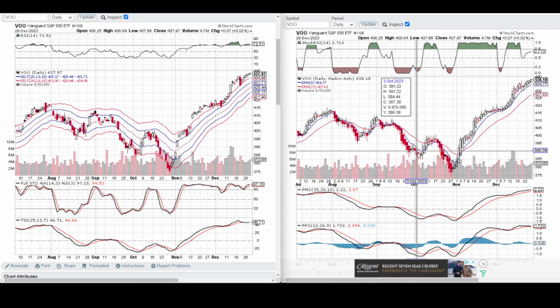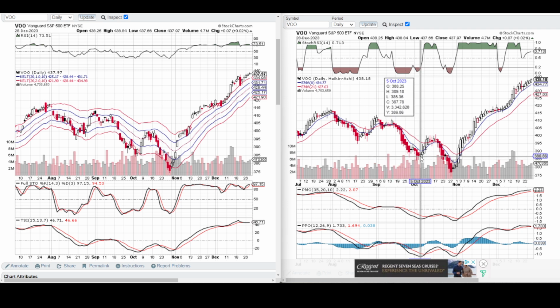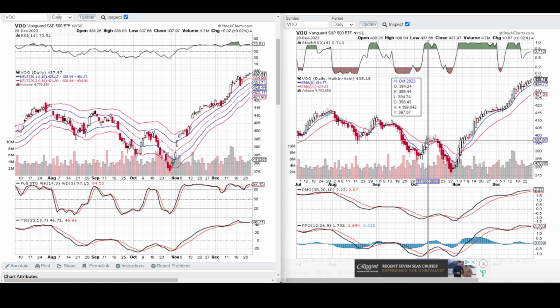When you had all these reds and then you got a black one. You had the same thing here too. You had a black doji candlestick and then you had a white, but then it continued down again. And this time, the second time it happened here, it went back up for a bit.